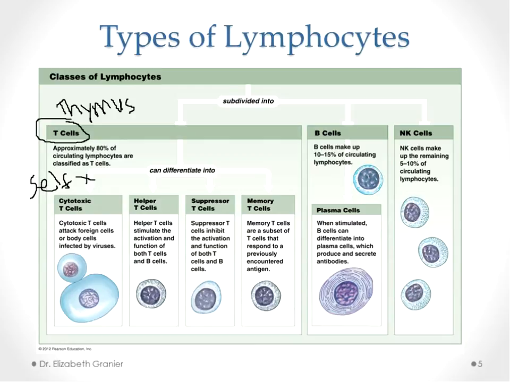And the key cells that help become competent in determining self and non-self are these helper T cells. And they are the link that ties non-specific immunity to specific immunity. Right? The rest of these T cells, cytotoxic T cells, play a role in killing other cells. And they can kill any cell that would be foreign.